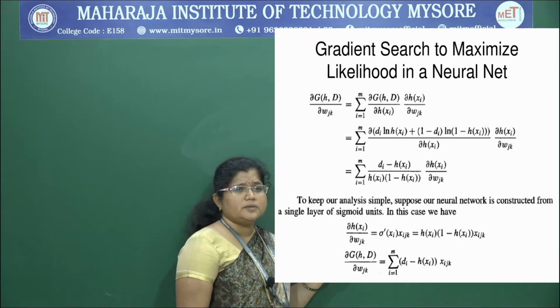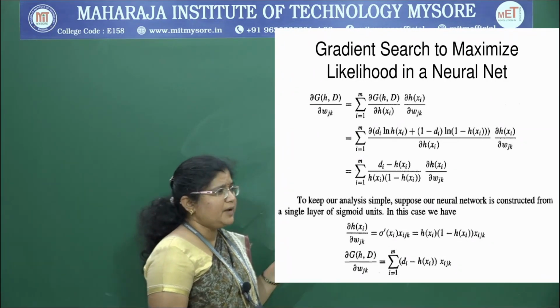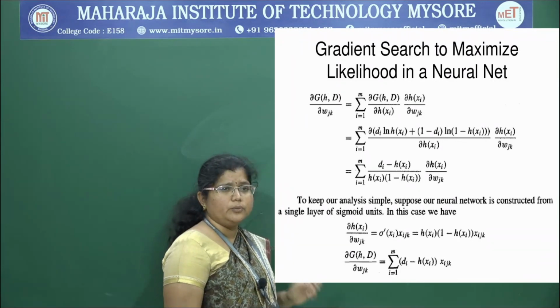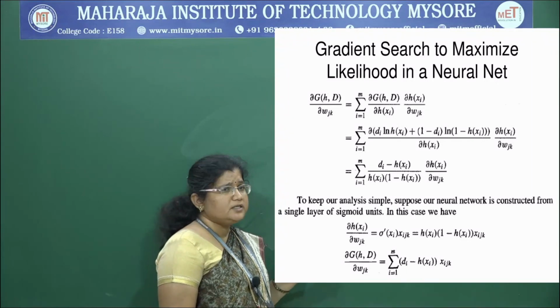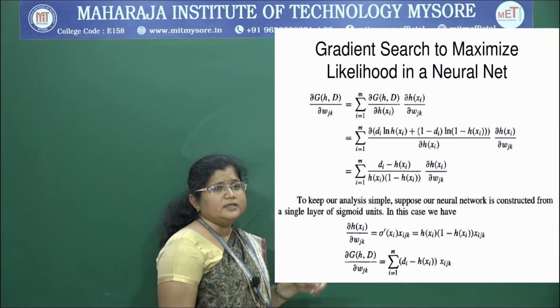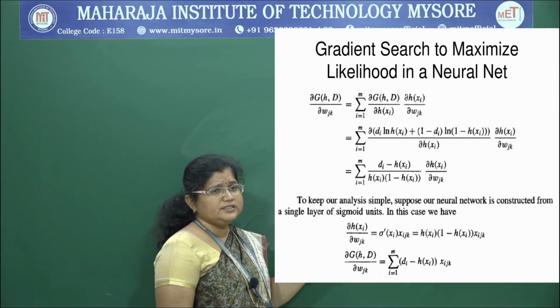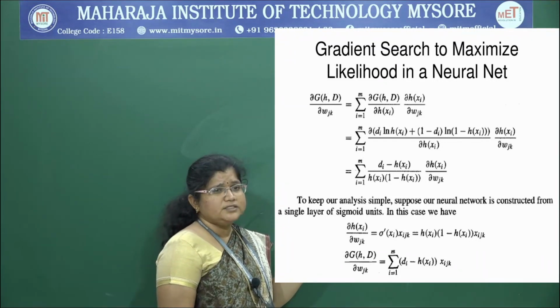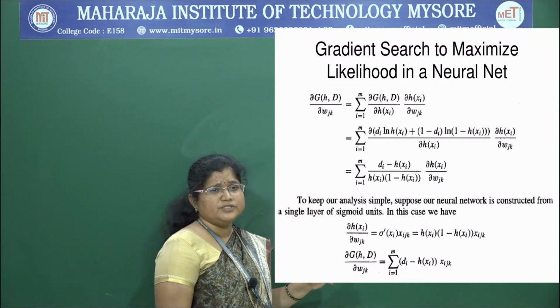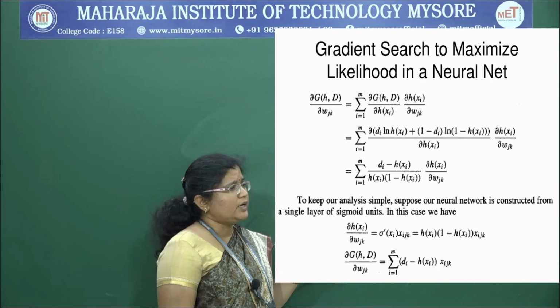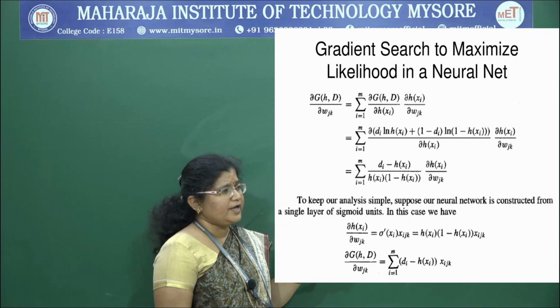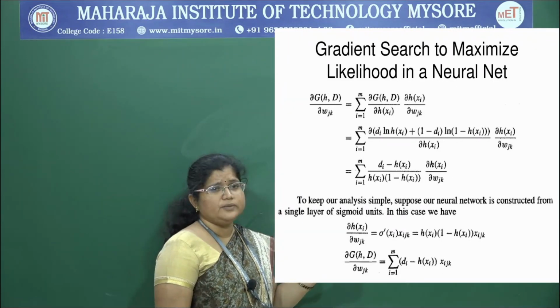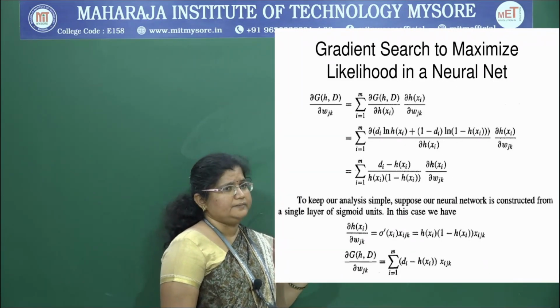So, finally, substituting this part in equation number 1, we can obtain an expression for the derivatives that constitute the gradient. So the partial derivative of G of h comma d divided by the partial of w_jk can be rewritten as the summation of i equal to 1 to m of (d_i minus h of x_i) multiplied by x_ijk.